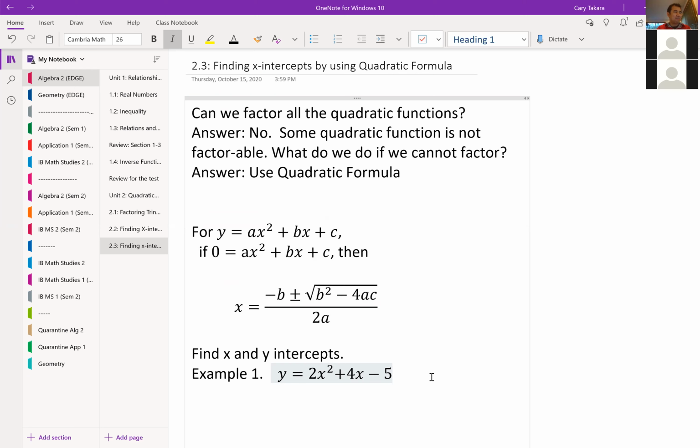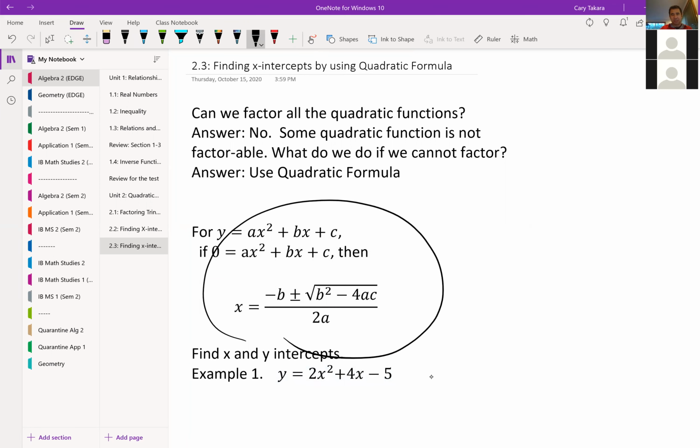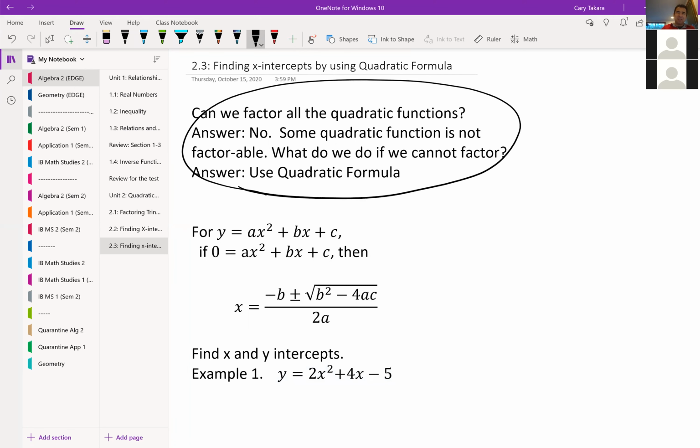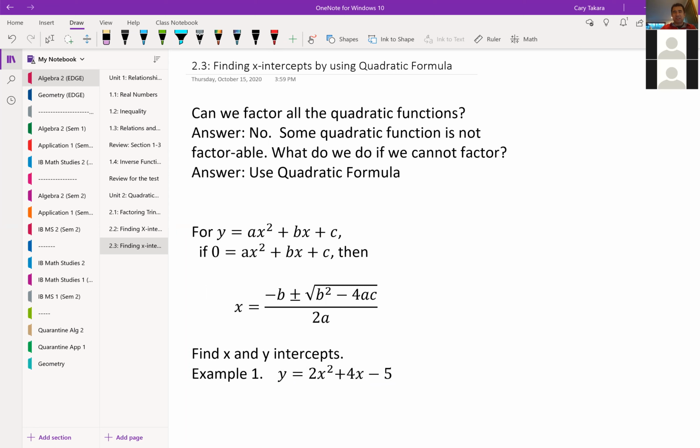Okay. I don't know if you have done this in Algebra 1, but definitely it is an Algebra 2 topic. Okay. Now, you don't need to write this part right here, but I just want you to understand a couple of things here. When do you use quadratic equation, quadratic formula?